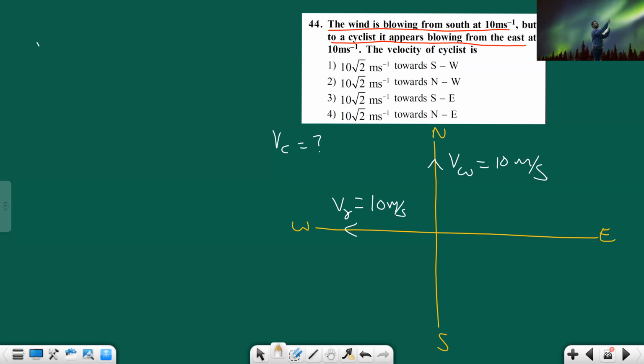So what can I write here? Relative velocity means the velocity of one with respect to another. My question is, among wind and cyclist, who is the observer? Will the wind observe the cyclist, or will the cyclist observe the wind? The cyclist is the observer, right?